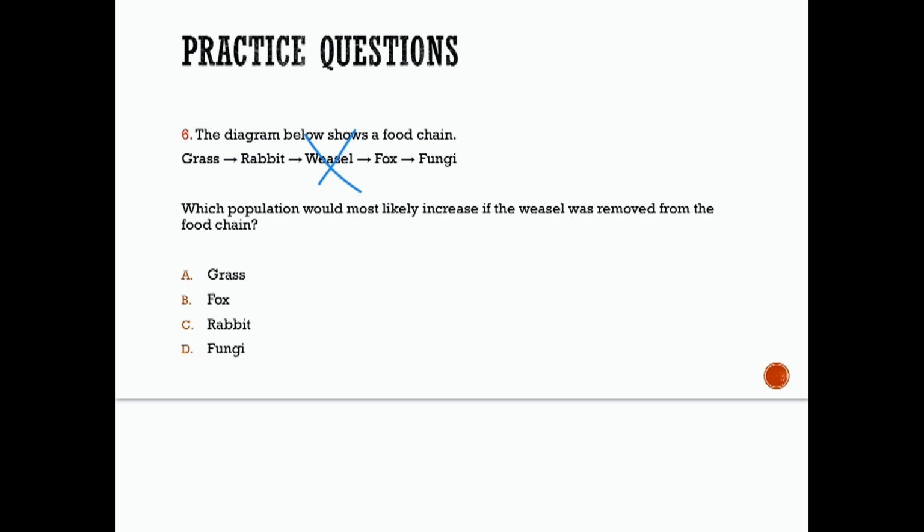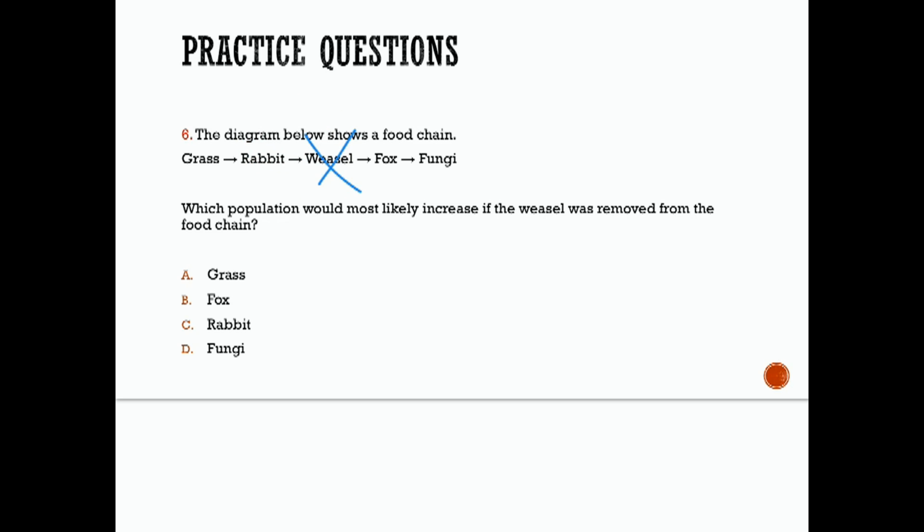So, the number of organisms at each trophic level is dependent upon the number of organisms feeding on it. All right, so the rabbit numbers are limited because they are a food source for the weasel. So, if the weasel was removed from the food chain, okay, remember the weasels eat the rabbits.